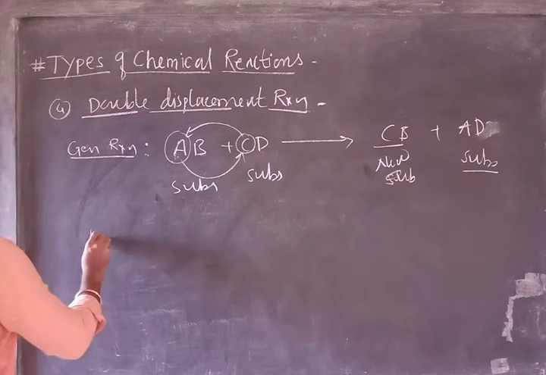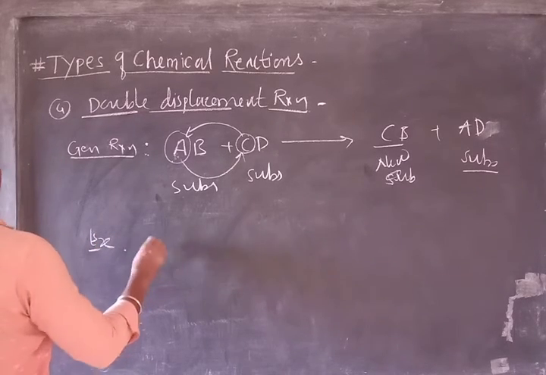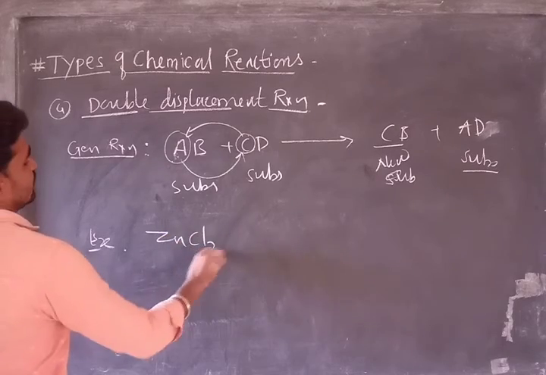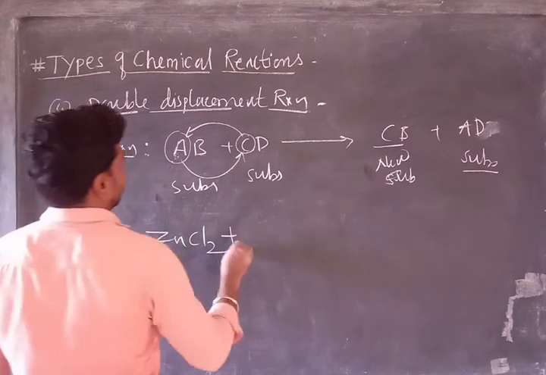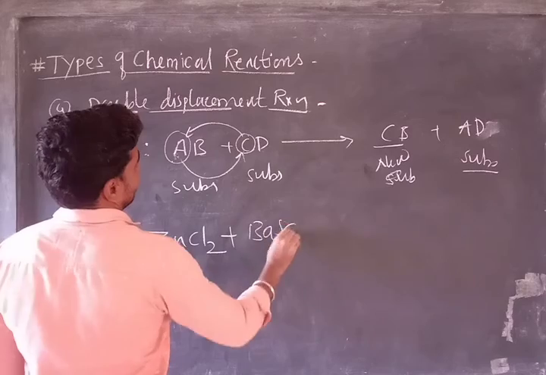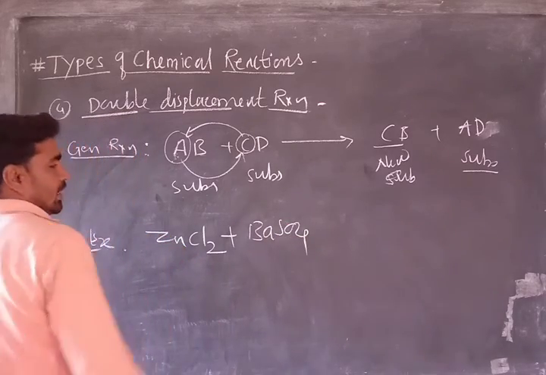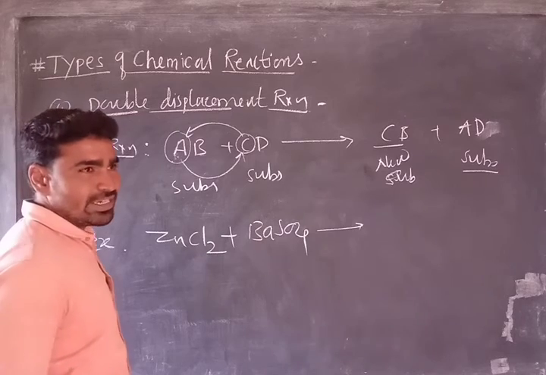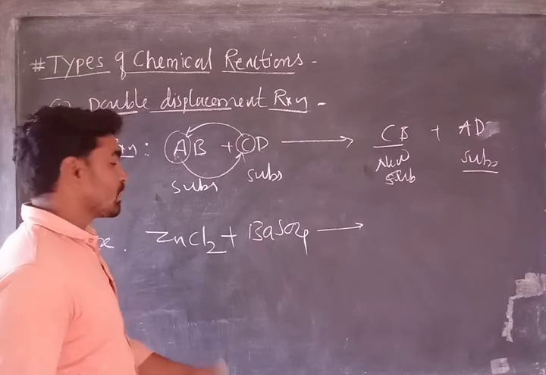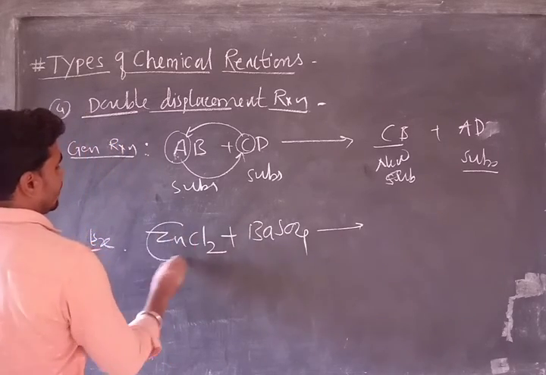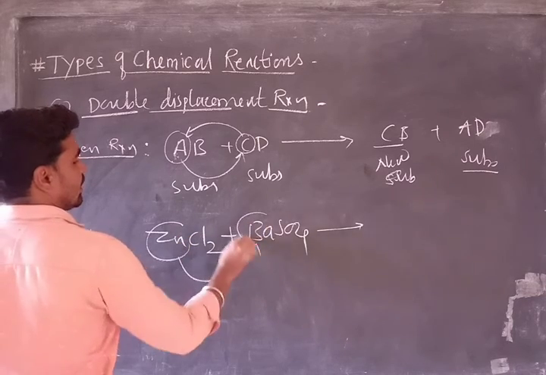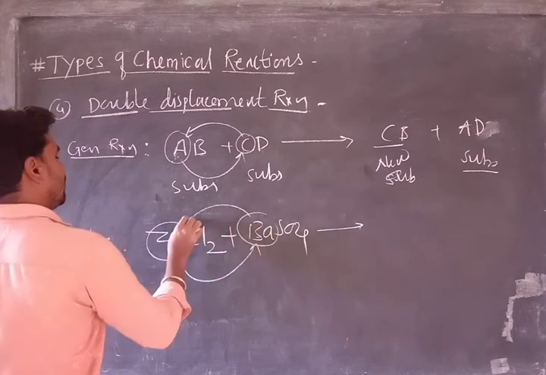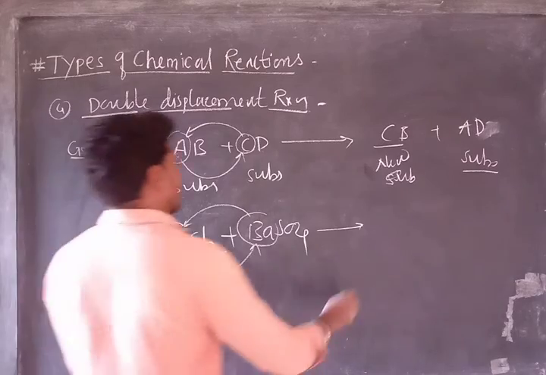And here we take one simple example. Consider I have zinc chloride, ZnCl2, and again I am writing barium sulfate, BaSO4. Now we have to make these two reactants react. Obviously, many chemical reactions take place in the solution state. So zinc will displace Ba, and Ba will displace zinc. What do we get?